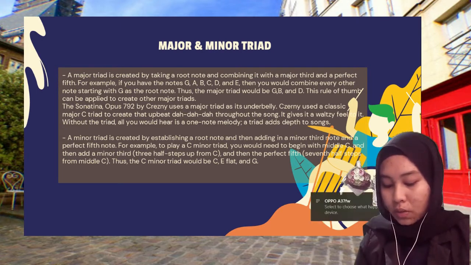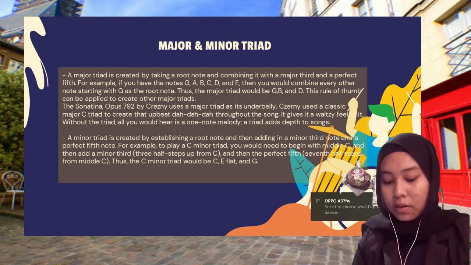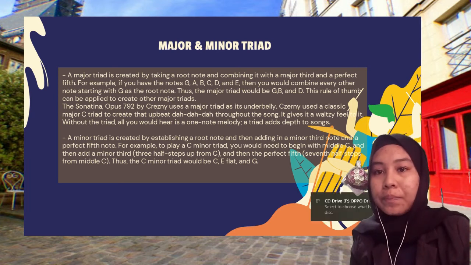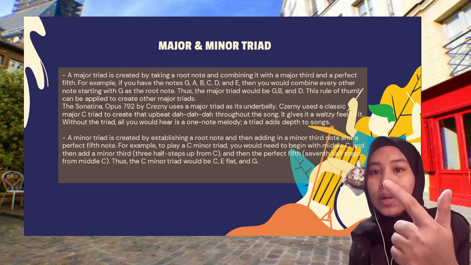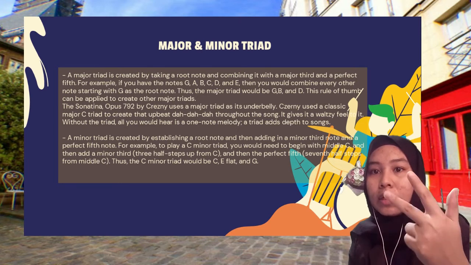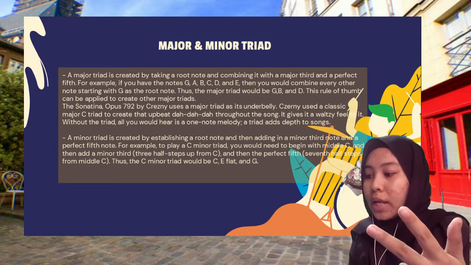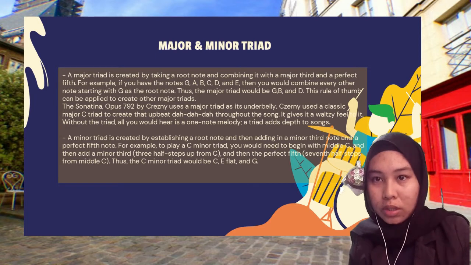And then the next one is the minor triad. For minor, you will have the root, the third will be lowered, which is a lower third, and the fifth. So let's think about the E minor chord.